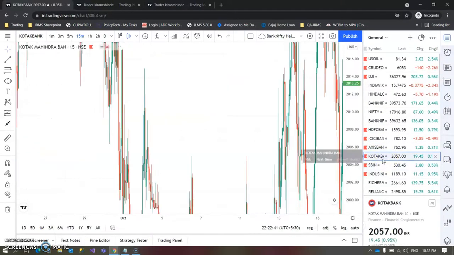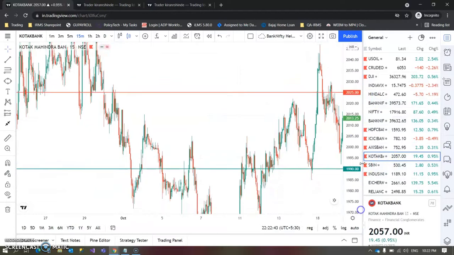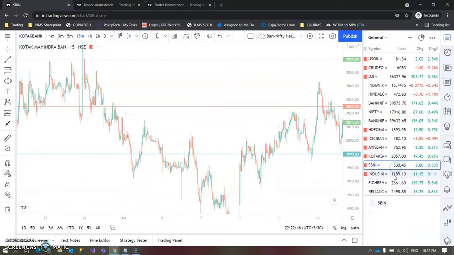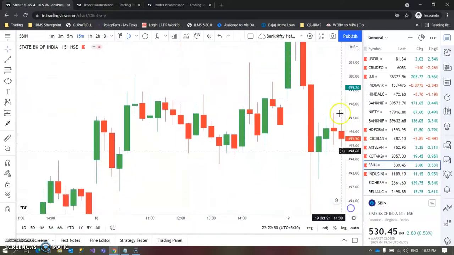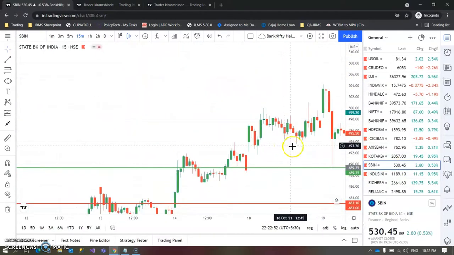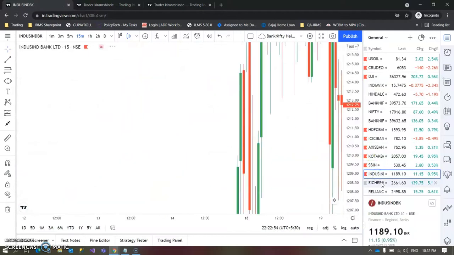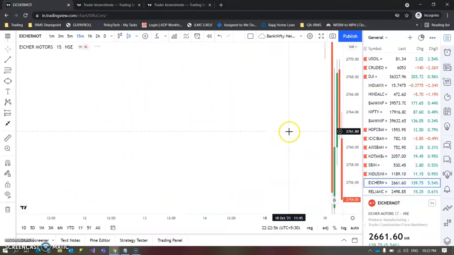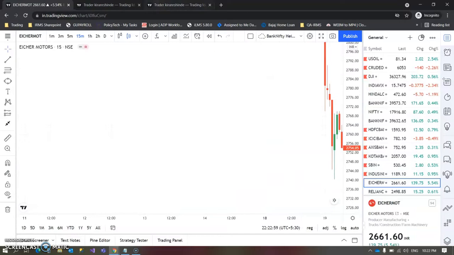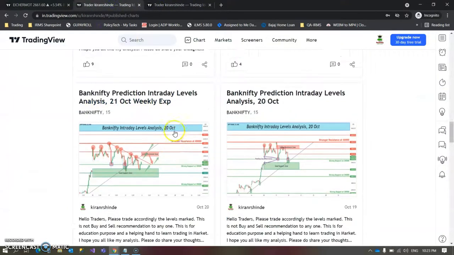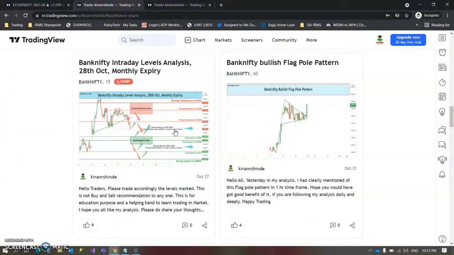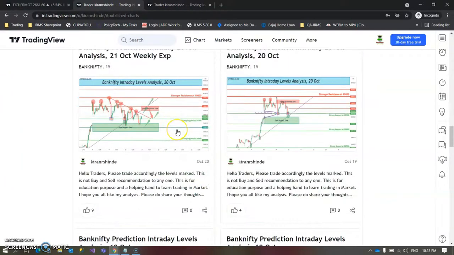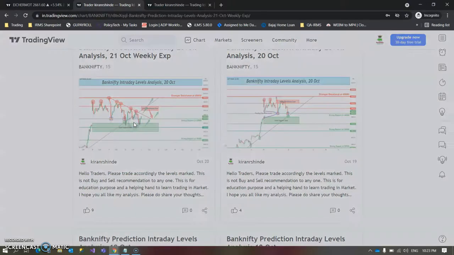Let me see if there are any trend lines which I had drawn. Even in Bank Nifty you can see, when there was the 40,000 level or something, we can see a horizontal. Yes, horizontal.